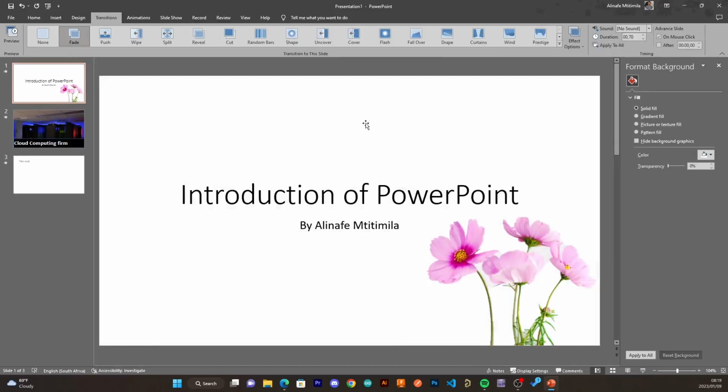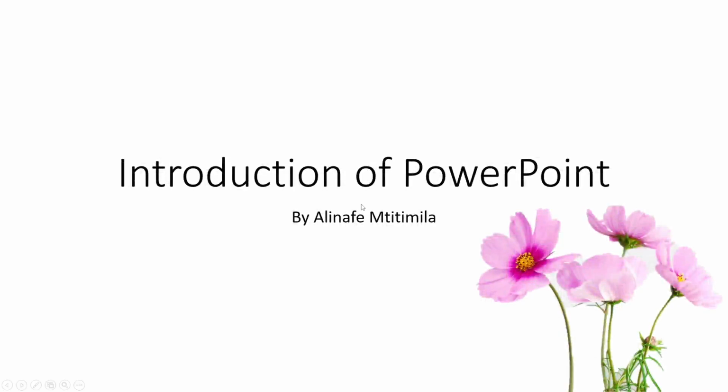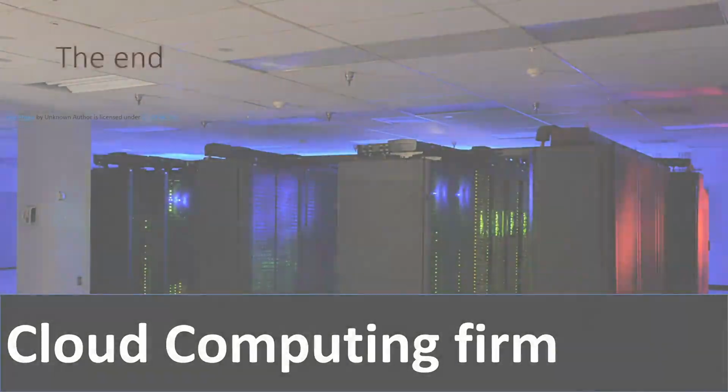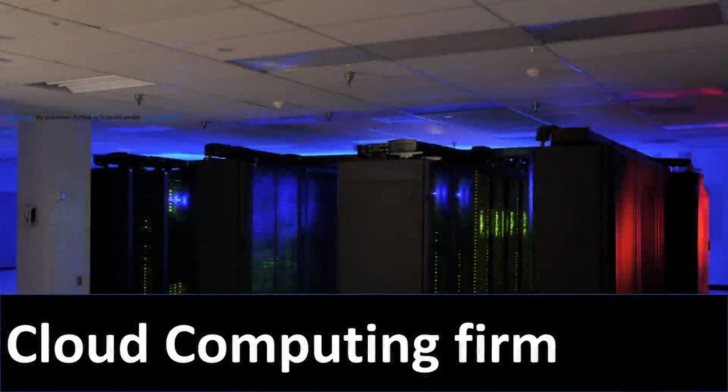You apply it to all slides, and you can see that by looking at the stars that appear at the left side of your PowerPoint. In order to view the PowerPoint, click the slideshow button, and you'll be taken to the presentation, and you can start viewing it as you go along.